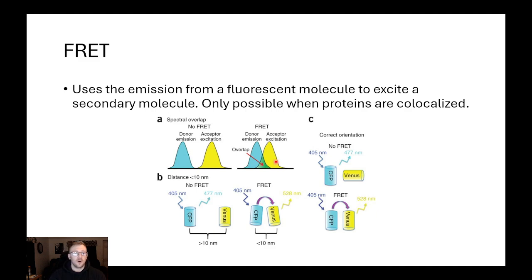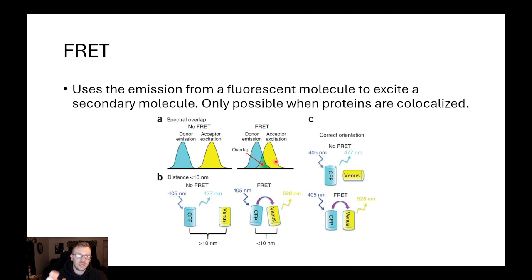So just going through it one more time for a little bit more clarity. So we hit our proteins of interest with 405. Protein A, which is specific to 405, is going to be excited by that 405 wavelength. It will undergo a Stokes shift and emit a photon at 477 nanometers.